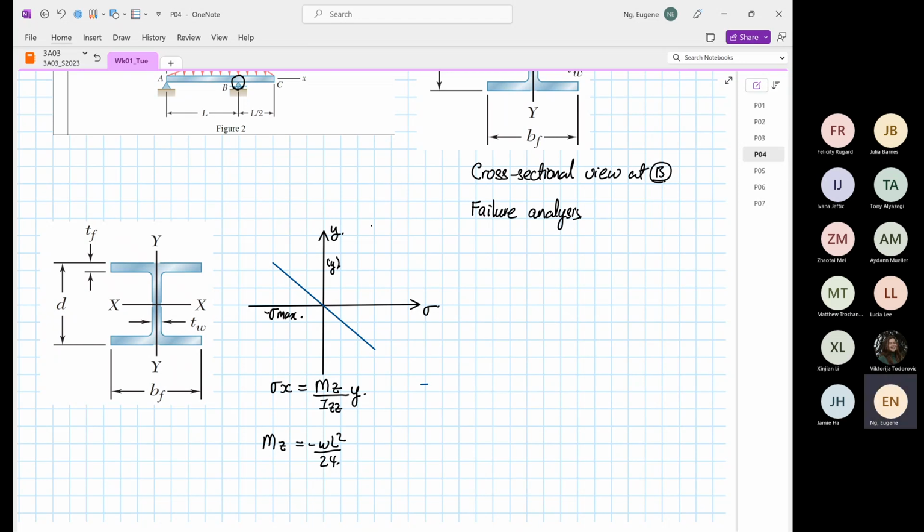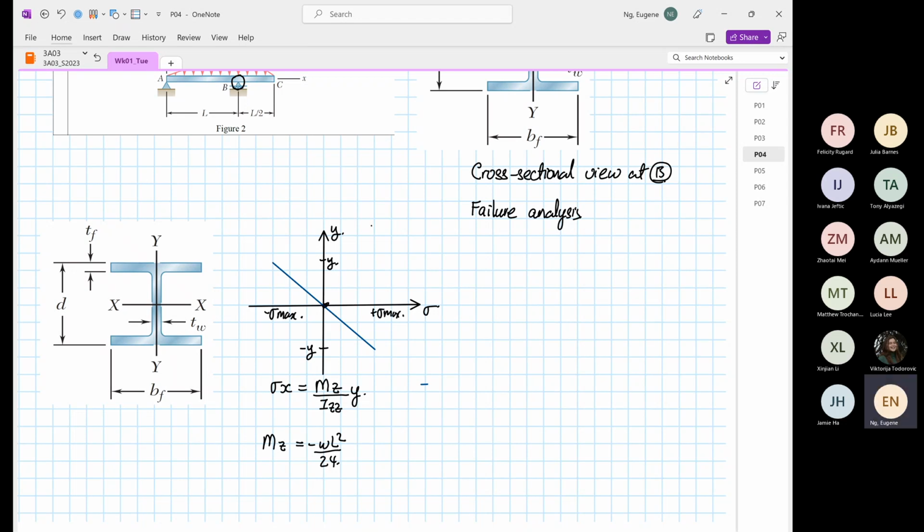At a certain distance where we have negative y, we have our positive stress max.